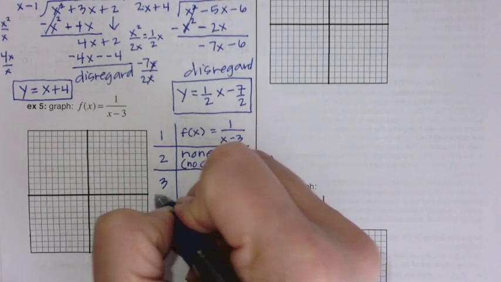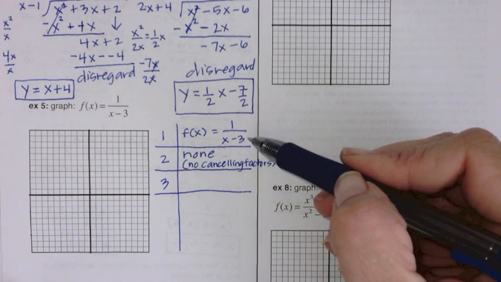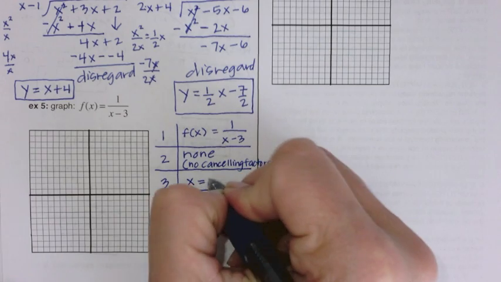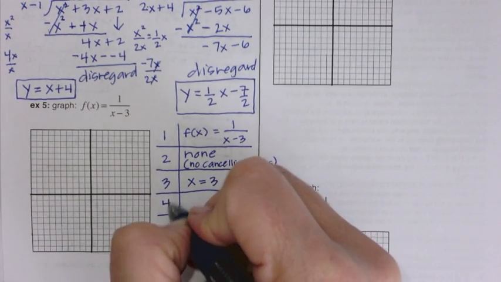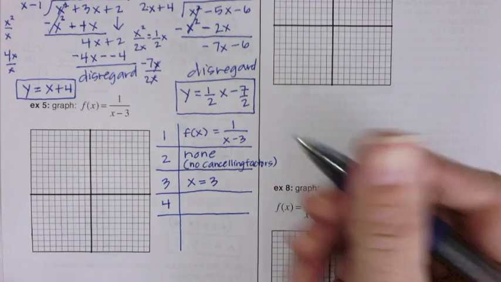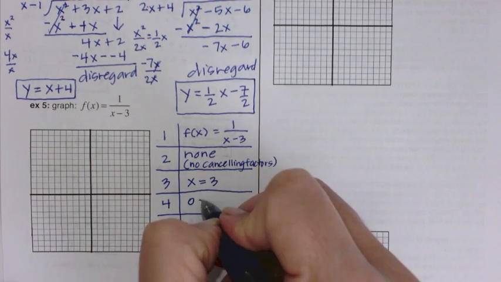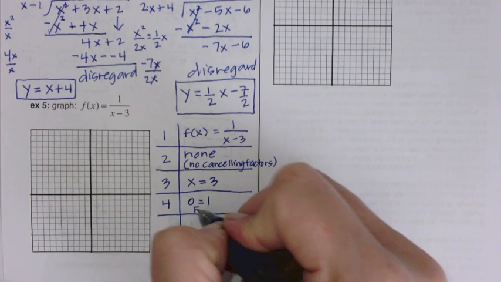Step 3 is to find your vertical asymptotes, which are the remaining factors in the denominator. So that's just going to be x equals 3, only one vertical. Step 4 is to find your x-intercepts. That means you set f of x equal to 0 in the numerator, but this is a false statement.